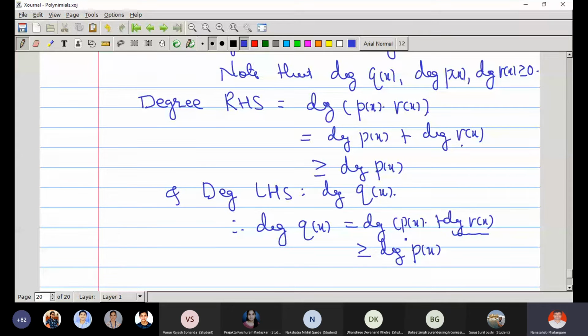And so ultimately what we get is that the degree of p(x) is less than or equal to the degree of q(x), right?